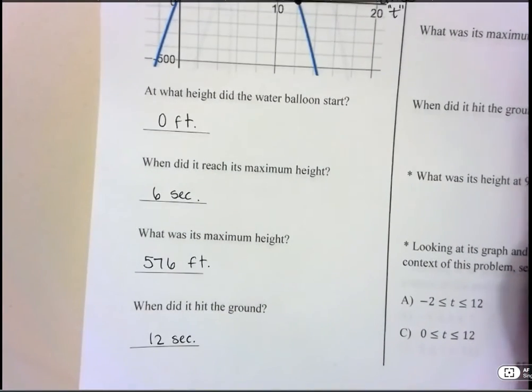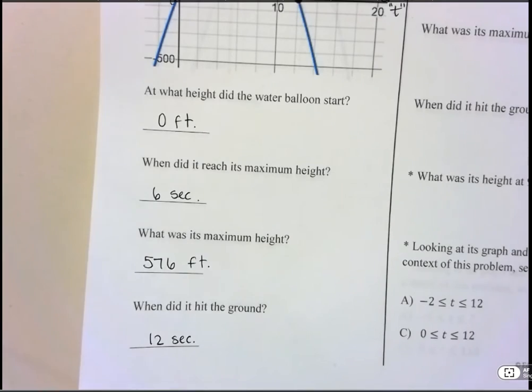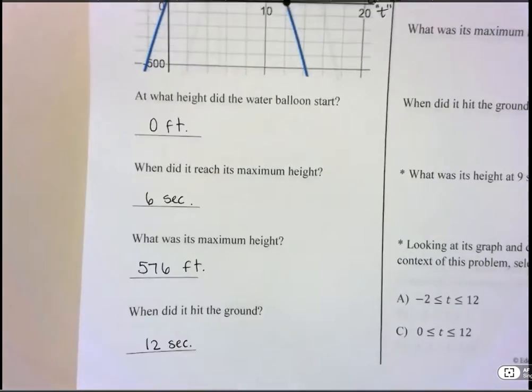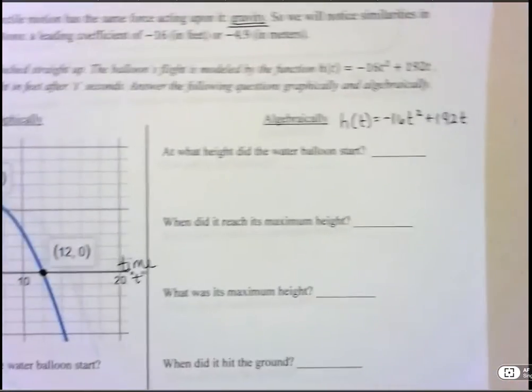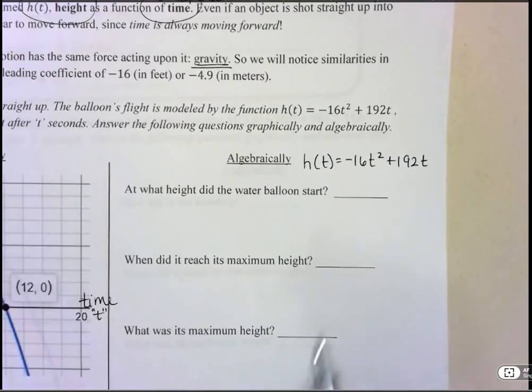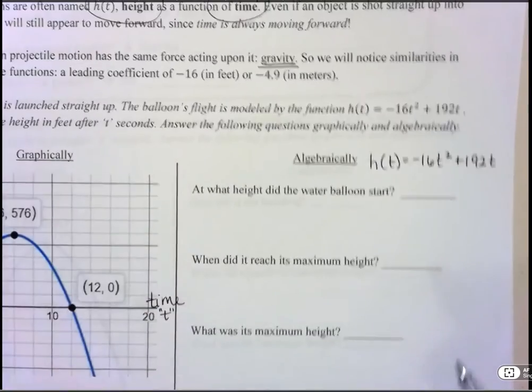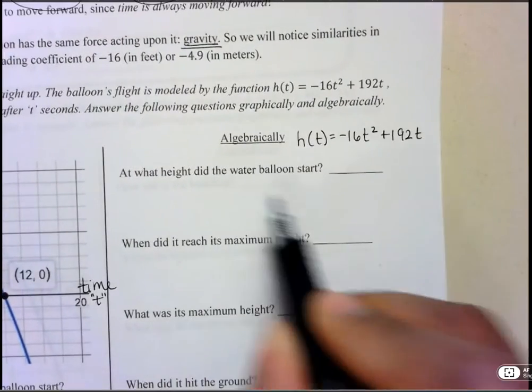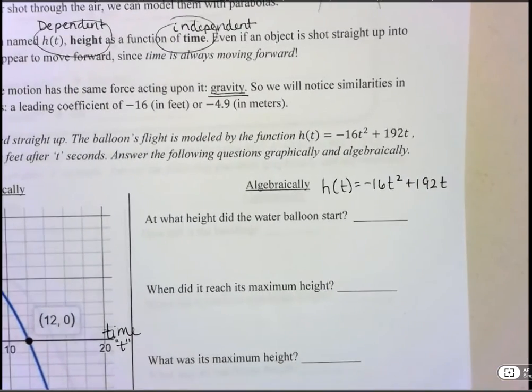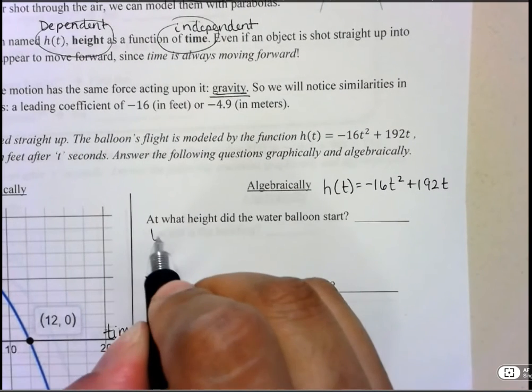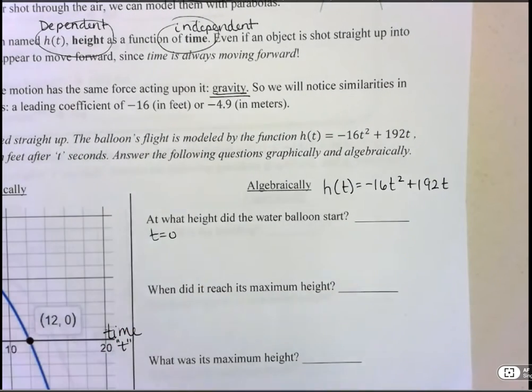So graphically, if you know how to read the graph, this is pretty simple. Very easy to read. Now you also have to learn how to do this algebraically. So we don't have the graph. What height did the water balloon start? Well, we know the water balloon started at t equals 0, right?